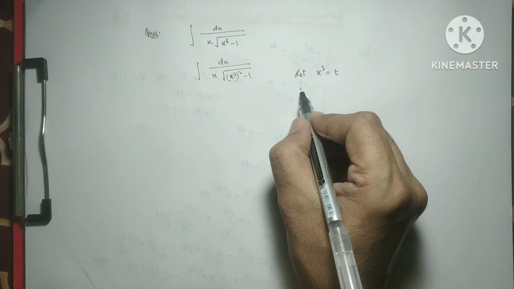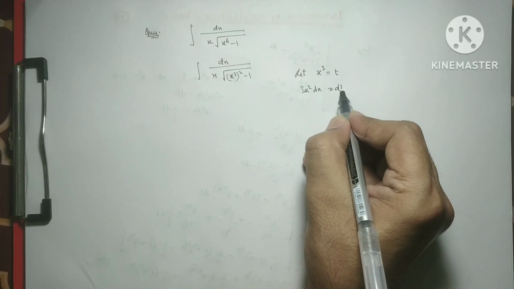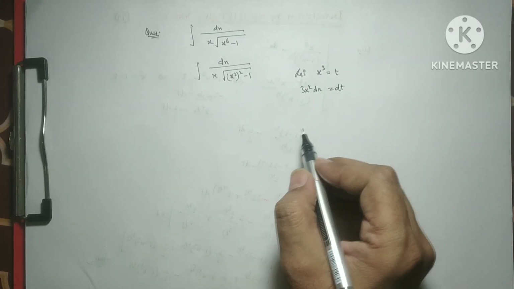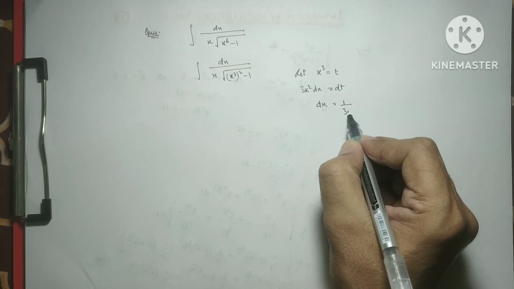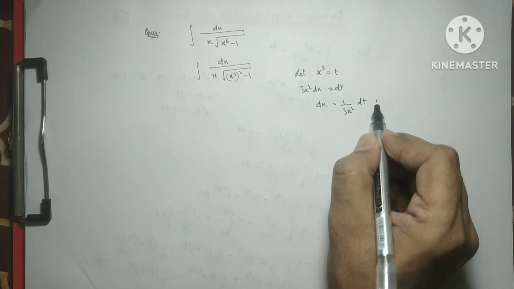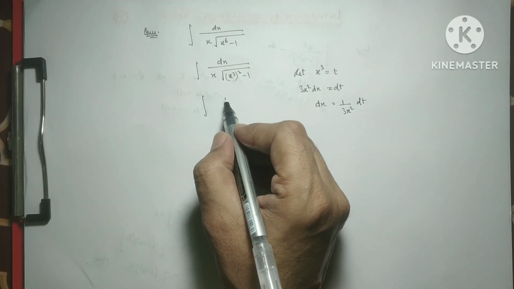On differentiation we get 3x square dx equals dt. So the value of dx is 1 over 3x square dt, and we put these values in this expression.